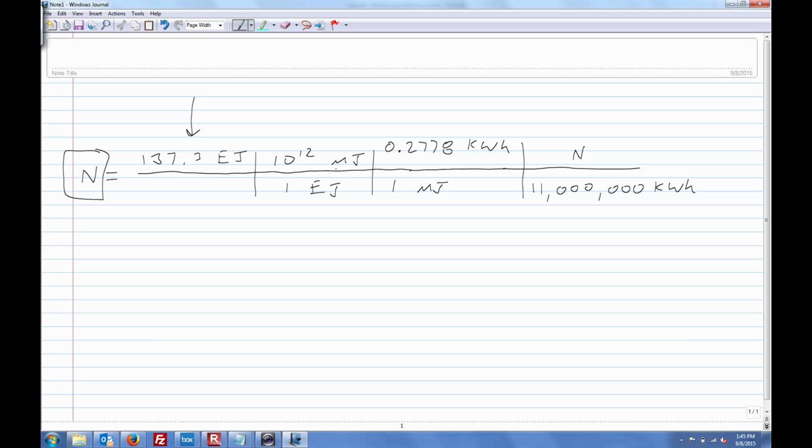I know from my textbook, and I'm looking at page 624, that I can convert very easily between exajoules and megajoules, and I just went ahead and put that 10 to the 12th. From here on out, the problem sort of solves itself, because I know, as I work my way through this, I'm going to need to get rid of all the units and just come up with the number N at the end of the day. So I'm already kind of eliminating exajoules as I go. Just multiply straight across and then divide at the end, right?